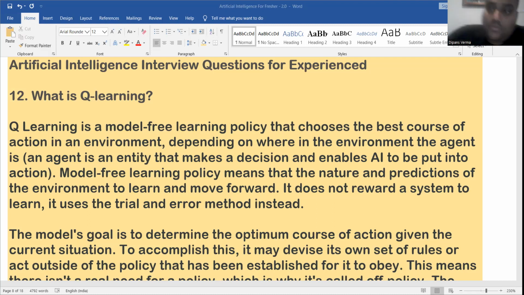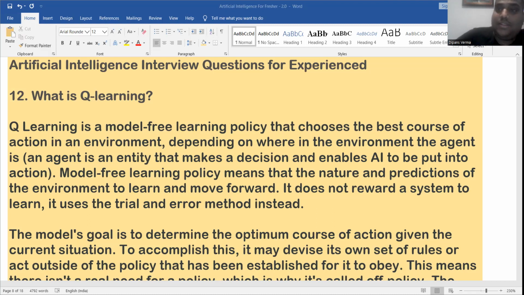First of all, the most important question that I found after lots of research is Q learning. Q learning is nothing but a model-free learning policy that chooses the best course of action in an environment, depending on where the agent is. An agent is an entity that makes a decision and enables AI to be put into action.